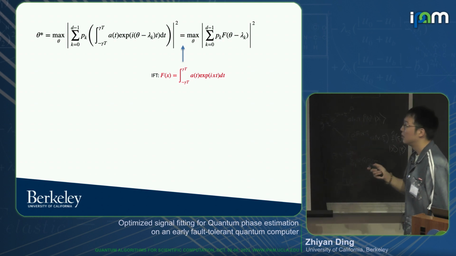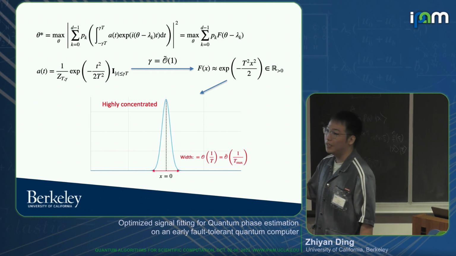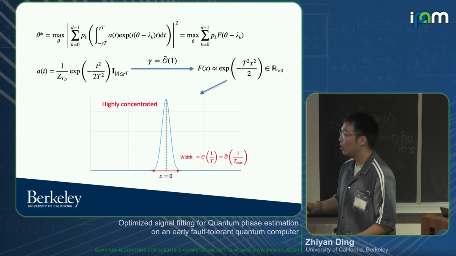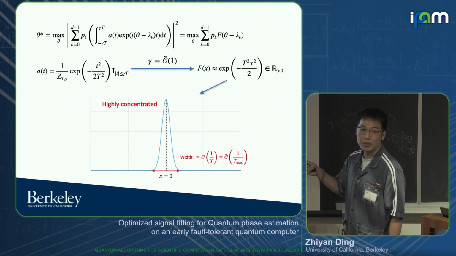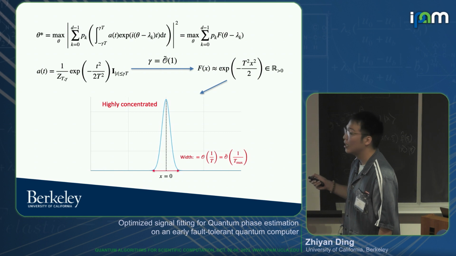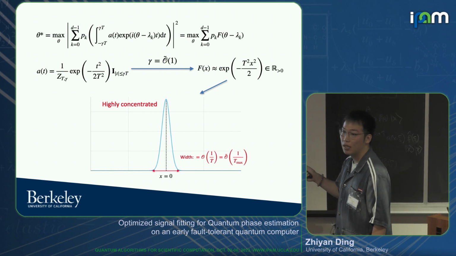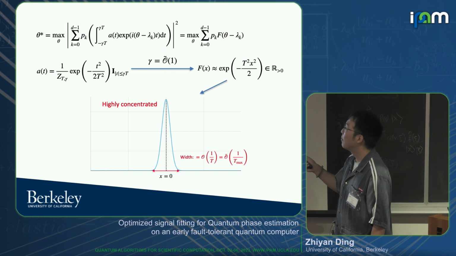Okay, so then the interesting thing is if I define my AT to be a truncated Gaussian or Gaussian function, and I choose my gamma to be some order one parameter, then I can show that my capital Fx also has a Gaussian form. My capital Fx will be approximately exponential minus T square x square over 2.